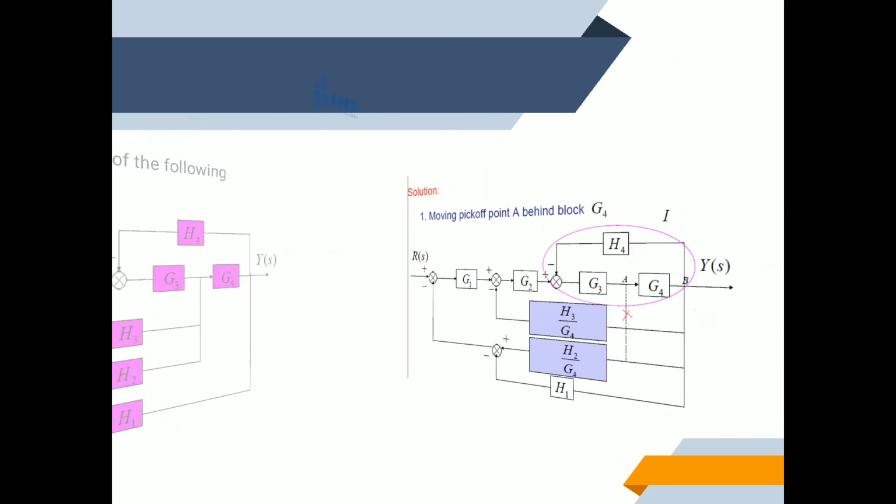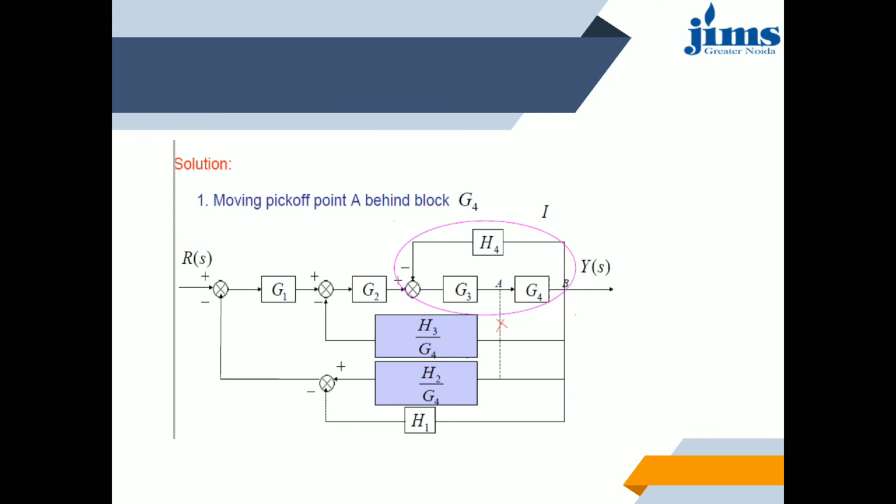So first we need to identify your closed loop. First of all, we'll shift this takeoff point somewhere behind the block G4. By moving this takeoff point behind the block, we'll be having a closed loop with G3 and G4 as cascaded.